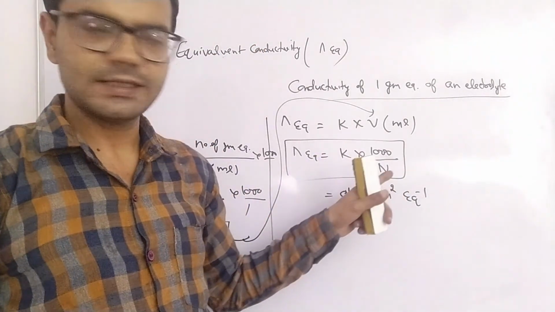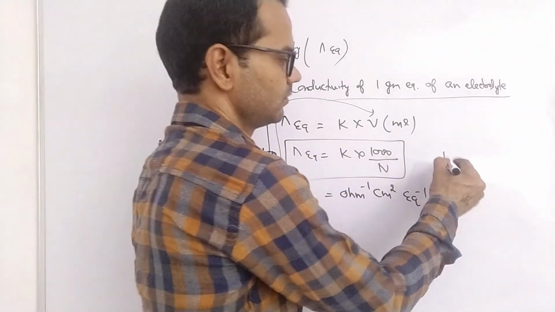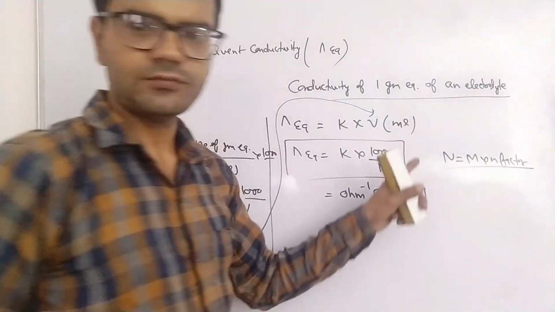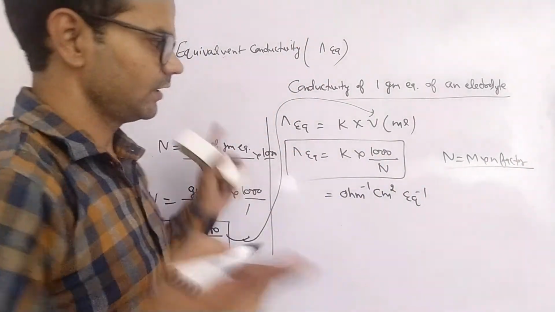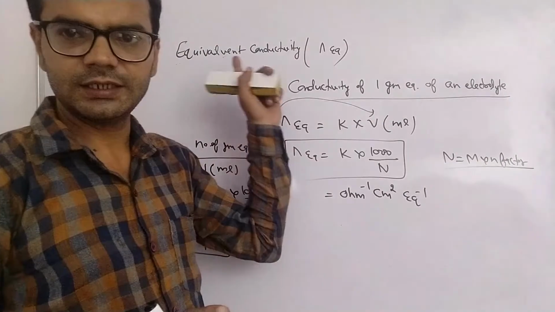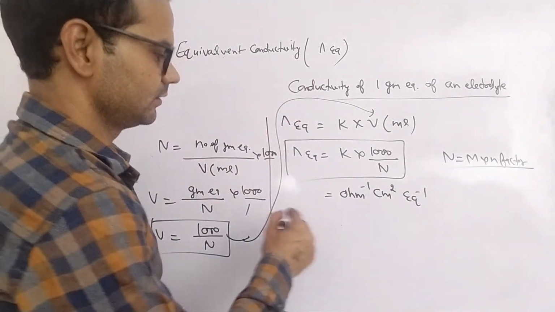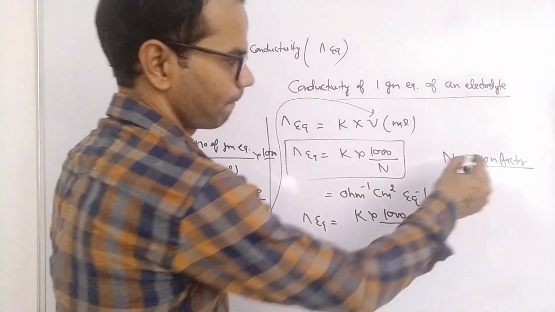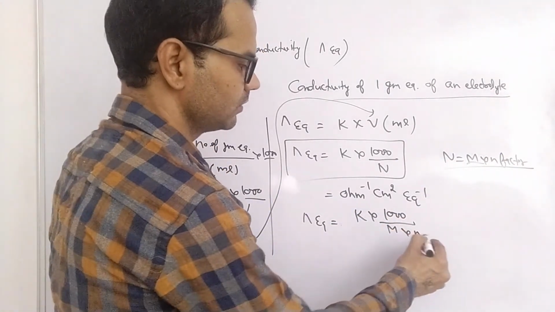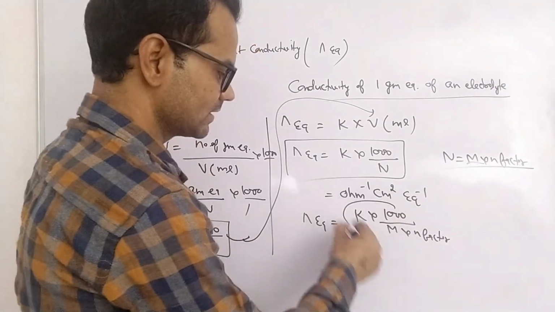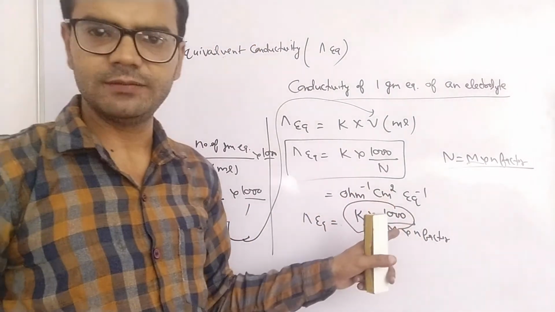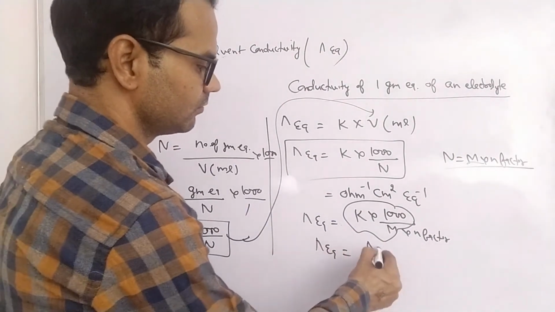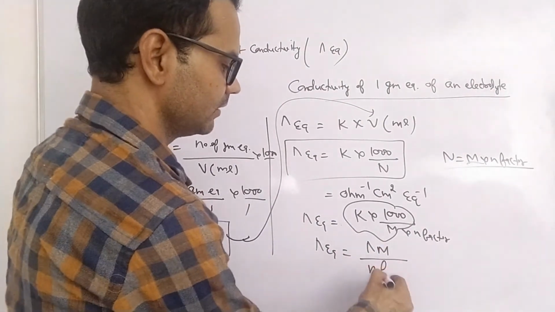And as we know, normality equal to molarity into n factor. We can conclude the relation between molar conductivity and equivalent conductivity. So equivalent conductivity equal to K into 1000 by M into n. And K into 1000 by M is molar conductivity. So equivalent conductivity equal to molar conductivity divided by n.